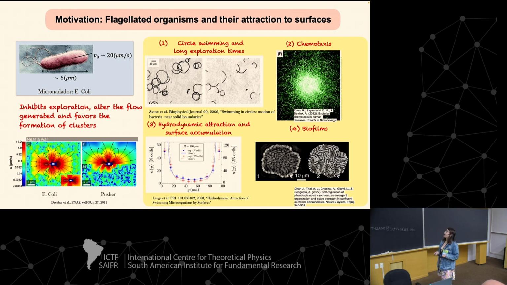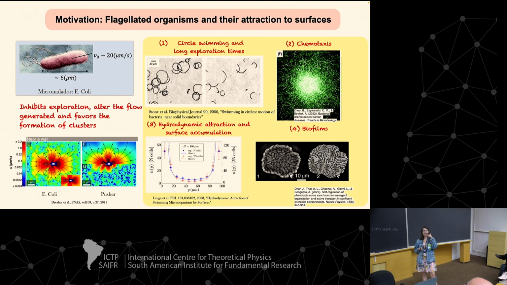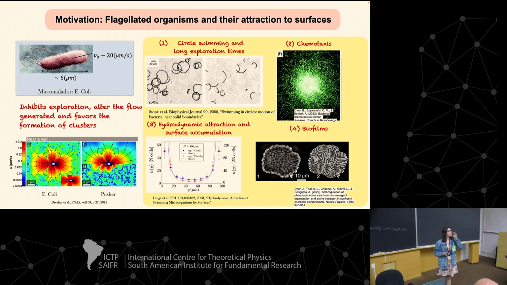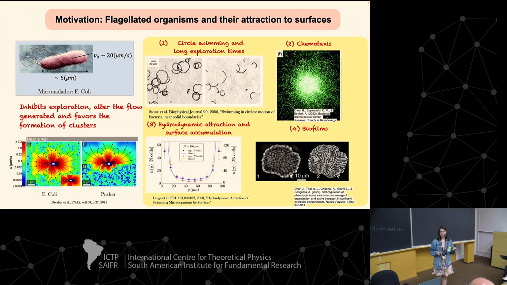So we will consider flagellated organisms moving in an aquatic system, okay? This is different from the last talks in the sense that they are neglecting hydrodynamic interactions between active matter. And in this work, we will consider an aquatic environment.